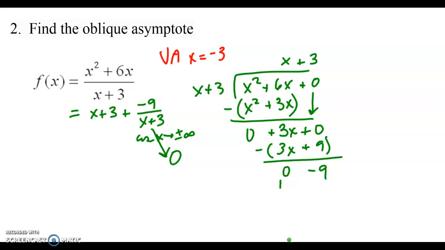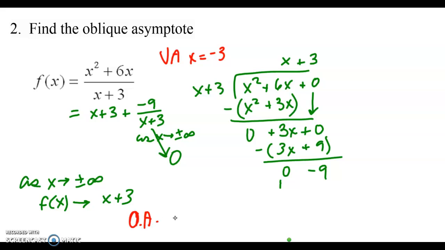Therefore, as x goes towards positive or negative infinity, f of x approaches what's left. It approaches this line, or this oblique asymptote, of x plus 3. So we say our oblique asymptote is y equals x plus 3.